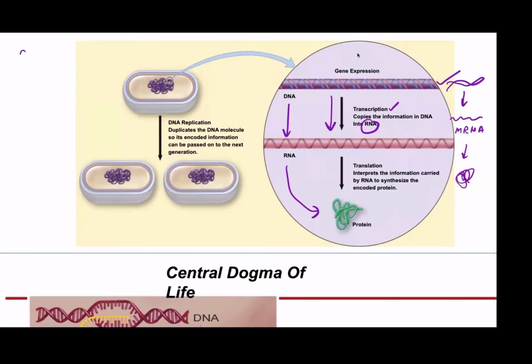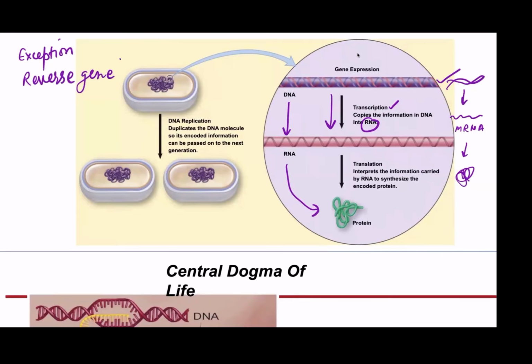There are some exceptions. We call it reverse genetics. It means it doesn't go from DNA to RNA to protein. It says RNA to DNA, then DNA to RNA, and then it makes the protein. So this is a little bit of reverse genetics, and mostly the example is viruses.